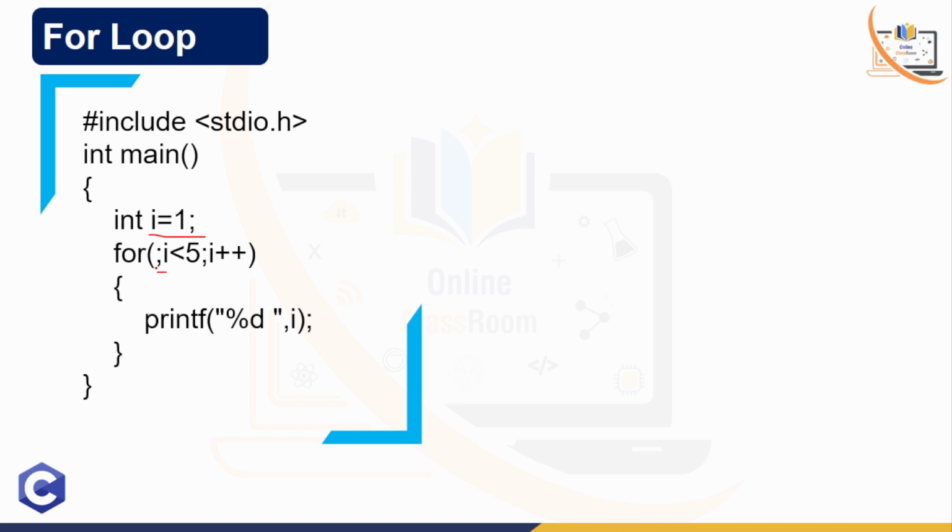If it's initialized previously, then it will take the value of I as the same, here 1. At the first time the value of I will be 1 and the condition is I less than 5, so that's why it will increment up to 4, right? Because when the value of I equals to 5, as there is no equals to sign, it will be false, right?